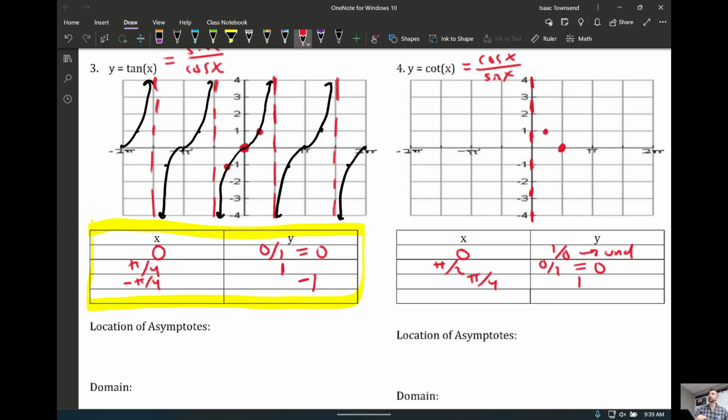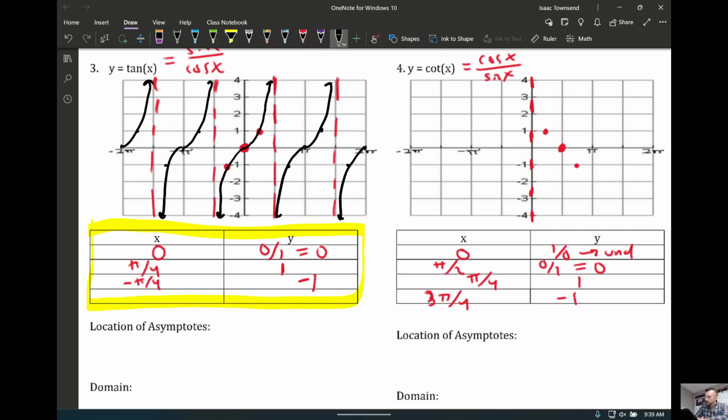And this is plenty of points for me, but you would maybe want to also do like 3 pi over 4, and you would get -1. Sine is square root of 2 over 2. Cosine is negative square root of 2 over 2. Anything divided by itself is 1, but one's positive, one's negative.